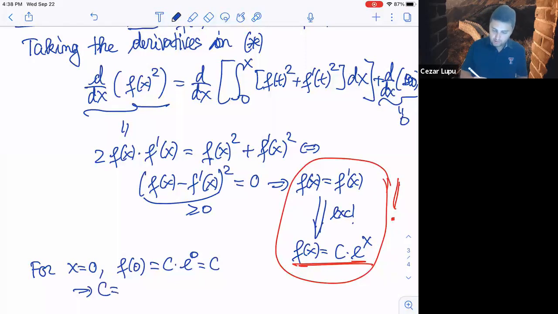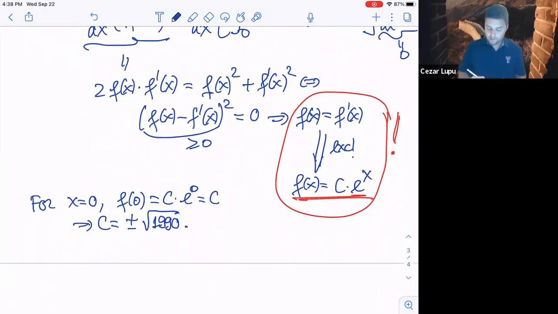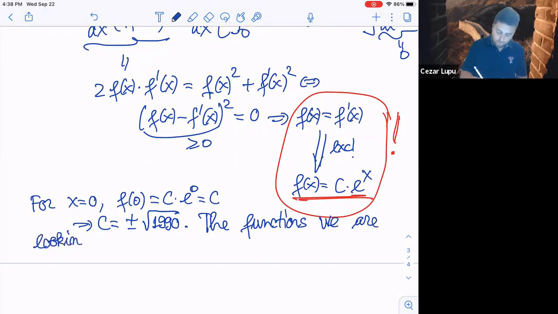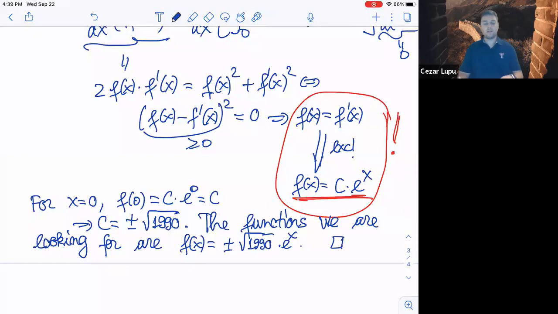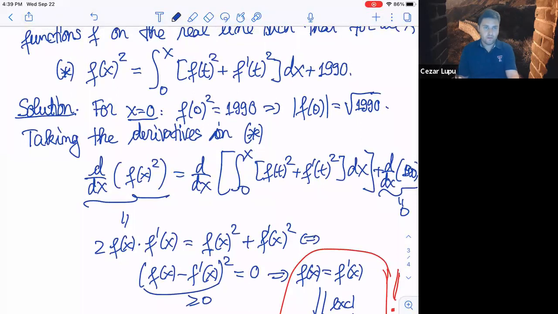So this means that c is plus minus the square root of 90. So the functions we are looking for are given by f of x is plus minus the square root of 90 times e to the power x. And you can easily check that they verify star.